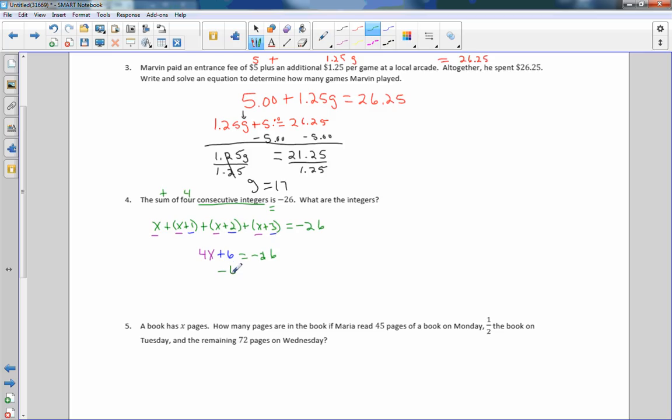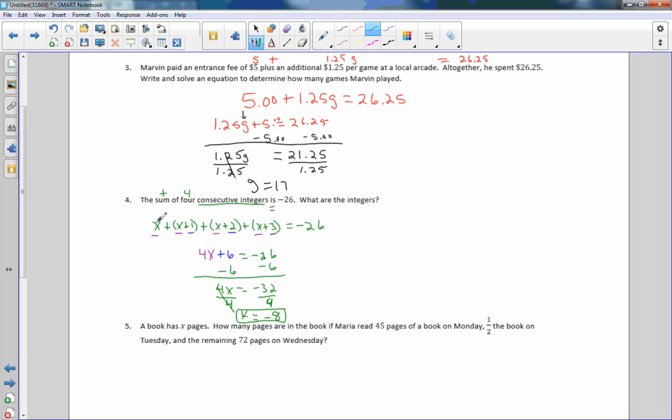To solve this, I subtract 6 from both sides. The 6's cancel, I'm left with 4x. Negative 26 minus 6 is negative 32. And if I divide by 4, these 4's cancel, leaving me with x equals negative, and that's a 4, not a 9. And 8 times 4 is 32. So x equals negative 8.